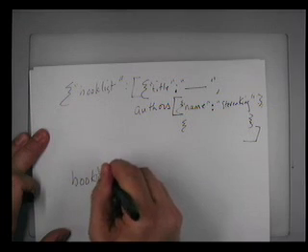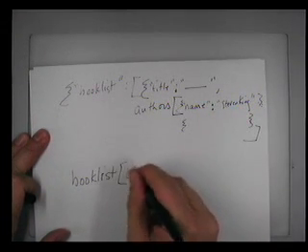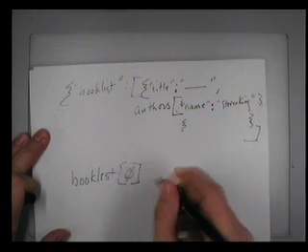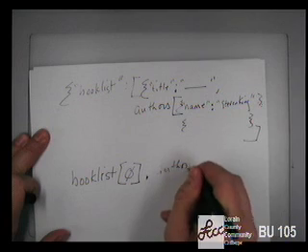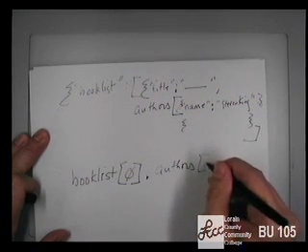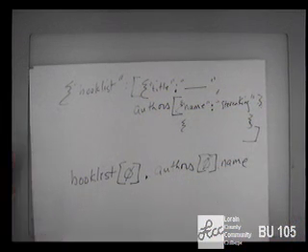Book list sub, since this is the first one, sub 0 dot authors sub 0 dot name. That would give me the name of the first author of the first book.